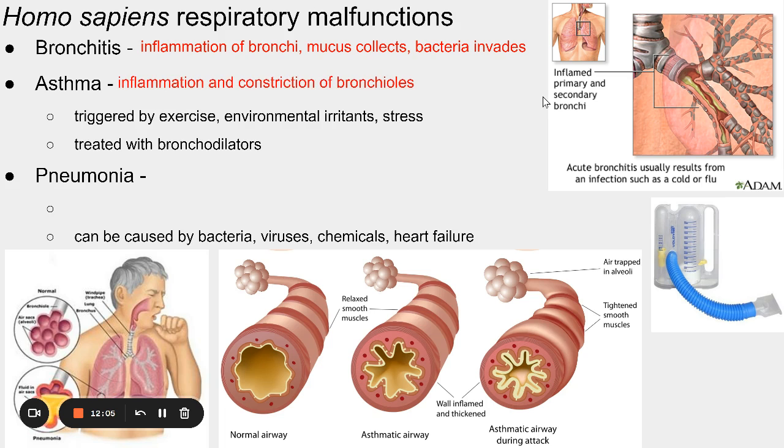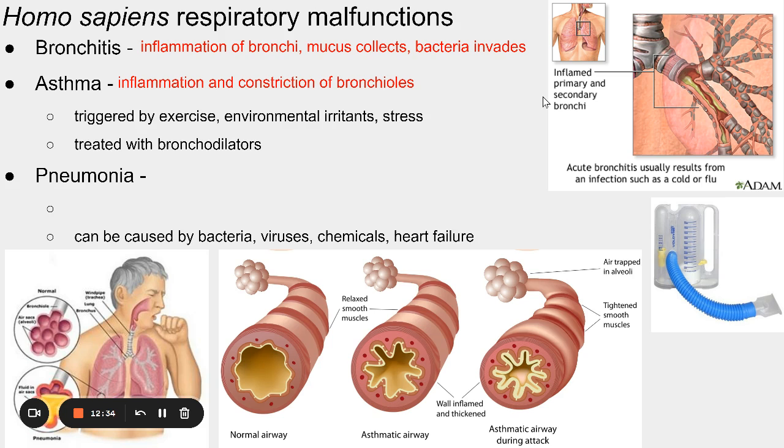Asthma is somewhat similar in that it's inflammation of the bronchioles, of these smaller tubes. In a normal airway, those tubes are sort of wide open. You can see nice open airway that brings air down into the alveoli.